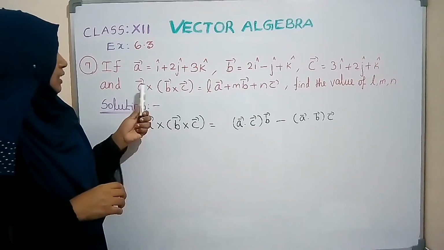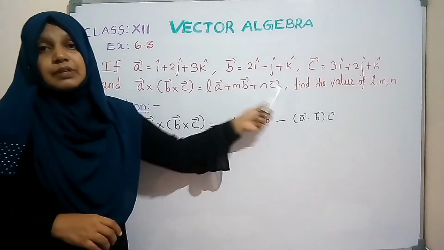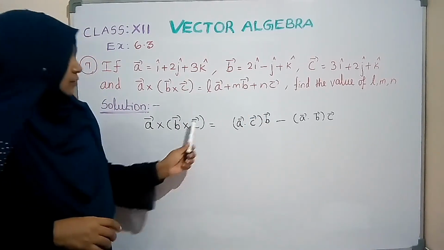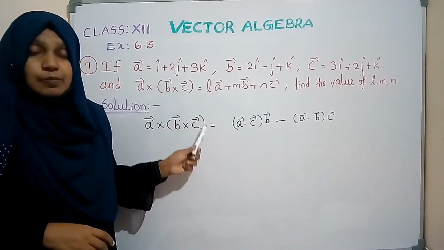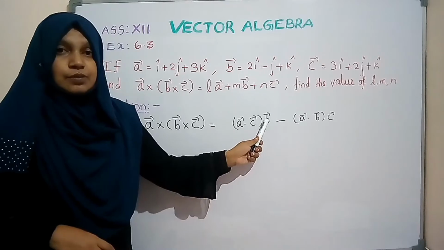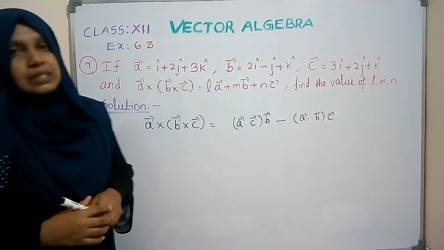So they are given that a vector cross b vector cross c vector is L a vector plus M b vector plus N c vector. By the formula, we already know that this vector triple product is equal to a vector dot c vector into b vector minus a vector dot b vector into c vector.